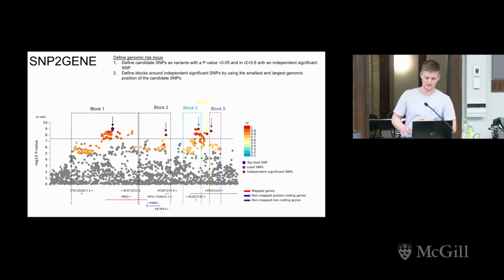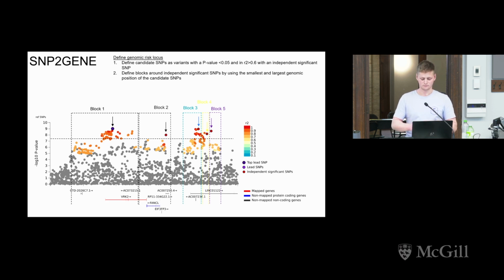Okay. So then with this kind of information that we have, we can define genomic risk loci. Another definition is a candidate SNP, and that is any variant with a nominal p-value, so less than 0.05, and an R² higher than 0.6 with an independent significant SNP.